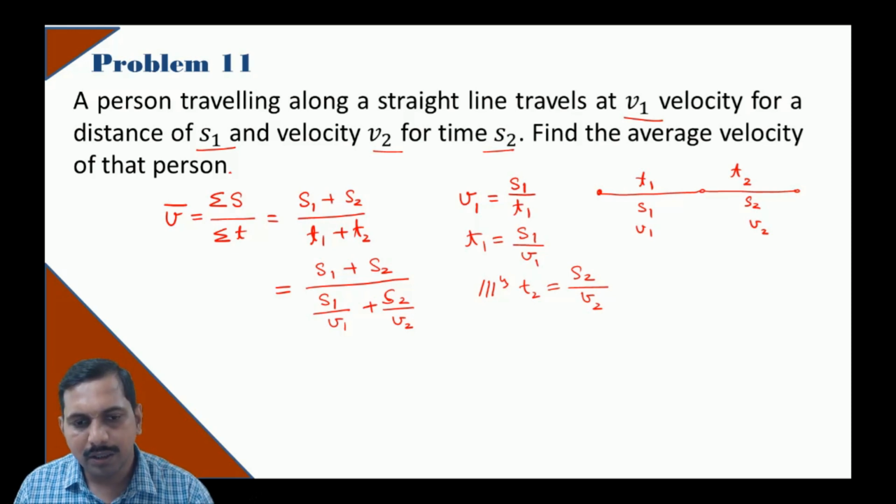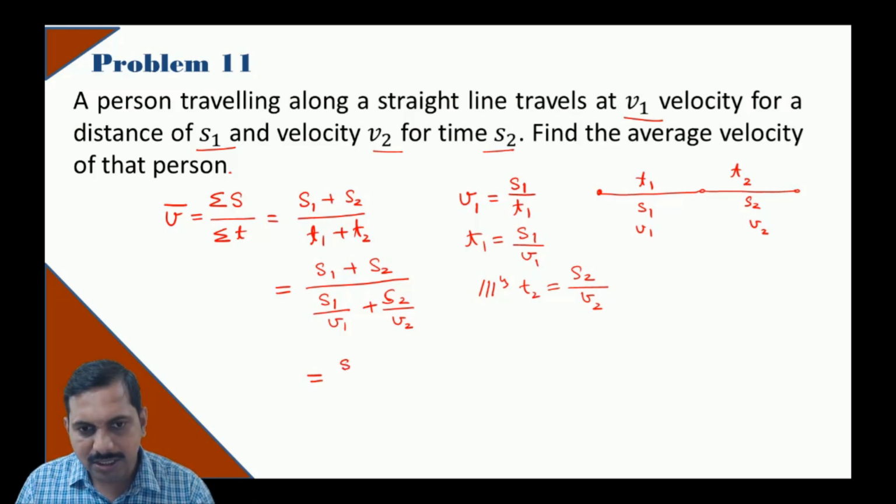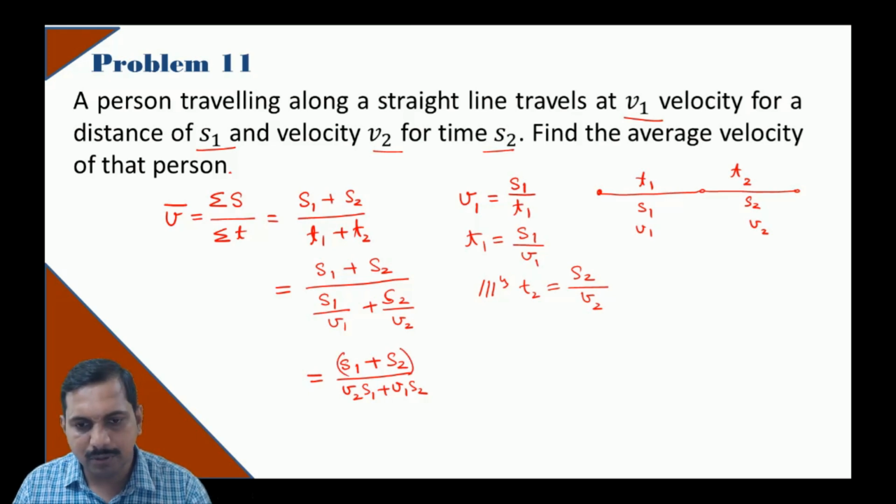Now when we simplify this, you will have s1 plus s2 divided by v2 s1 plus v1 s2, with the common LCM v1 and v2.